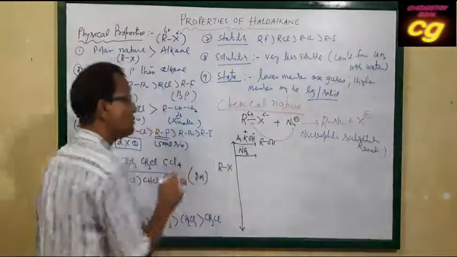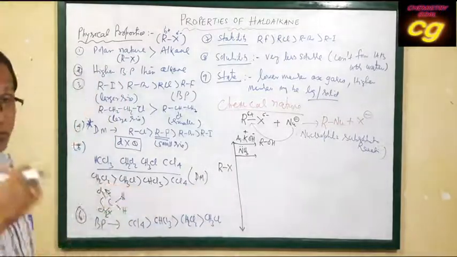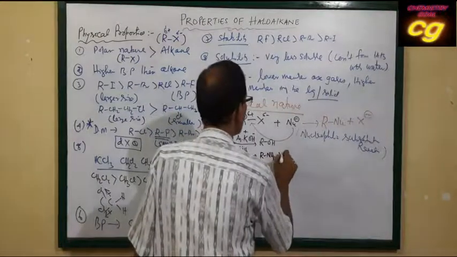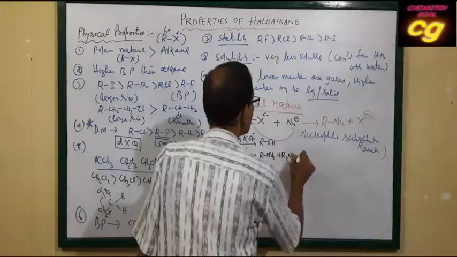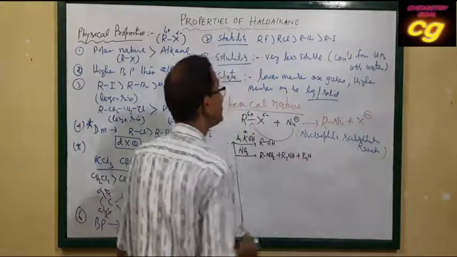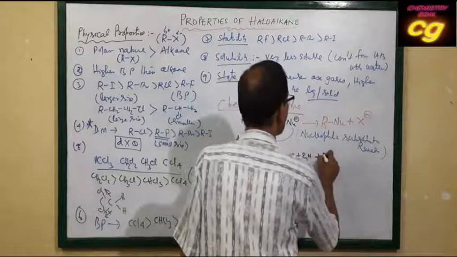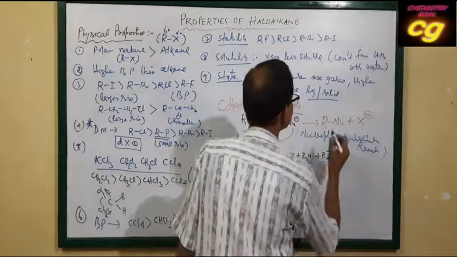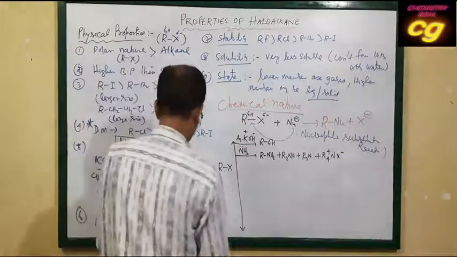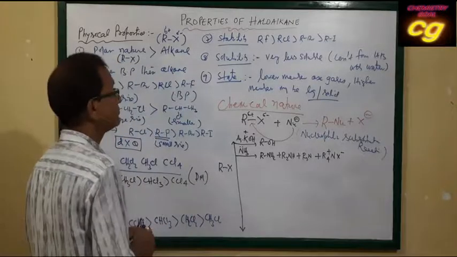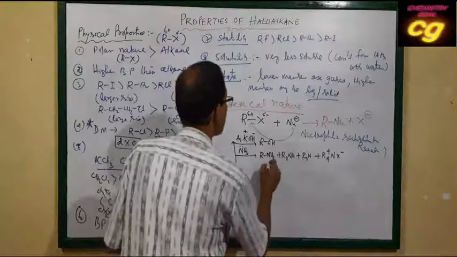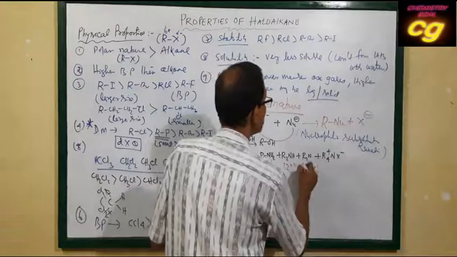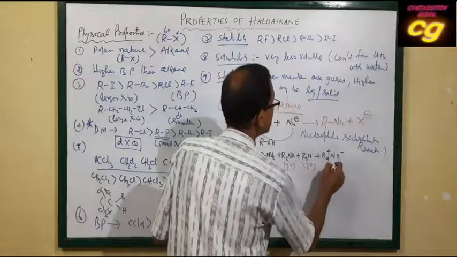When ammonia is substituted in RX, it produces primary, secondary, tertiary amine: RNH2 plus R2NH plus R3N plus R4N plus X minus. This is primary, this is secondary, this is tertiary, and this is called quaternary salt.